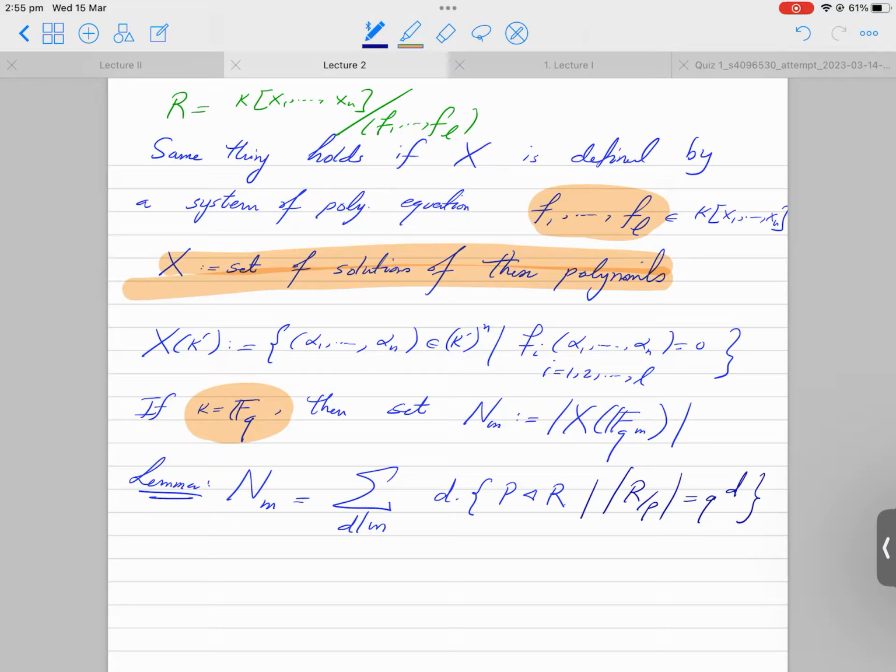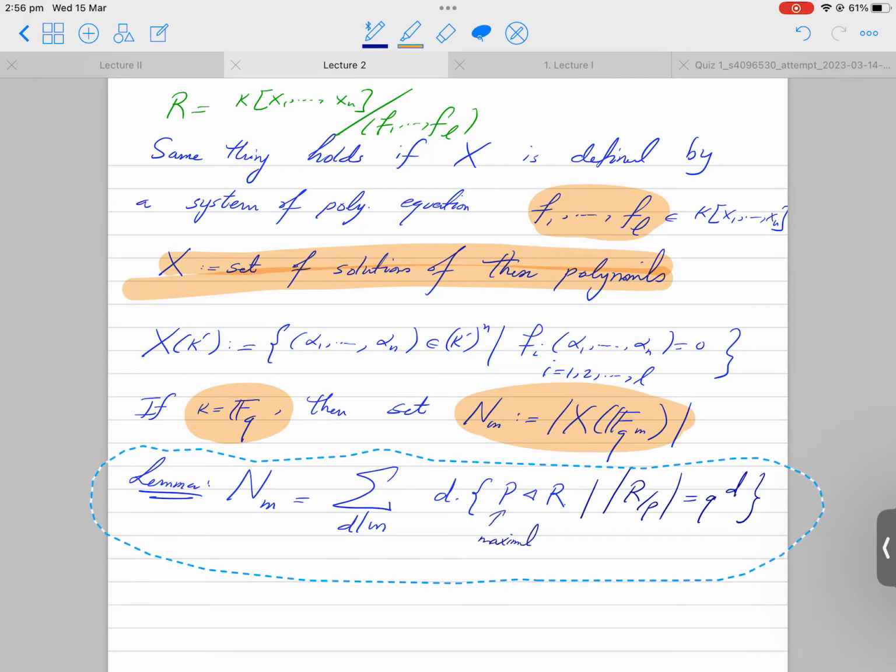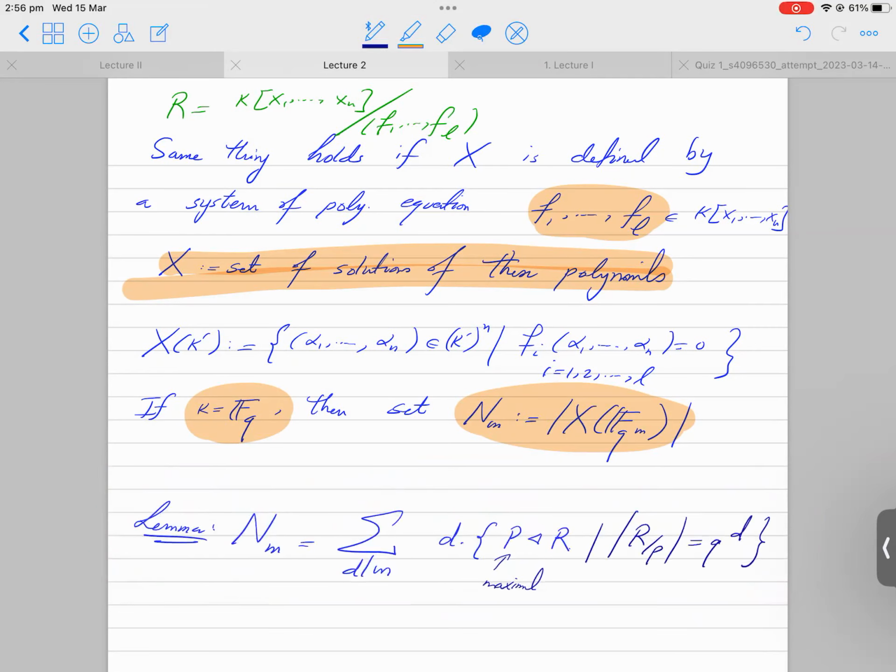For N_m to be defined, K needs to be a finite field. And the claim is that we have this relationship between N_m and the number of maximal ideals.